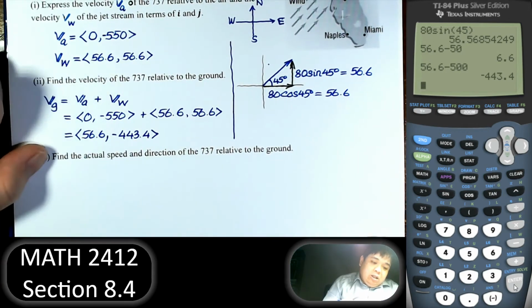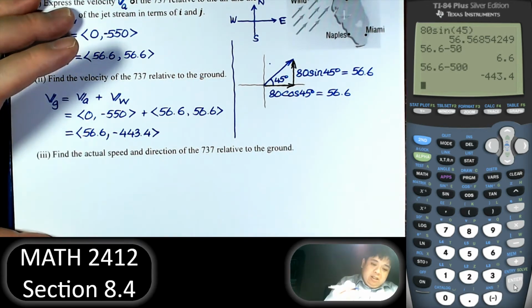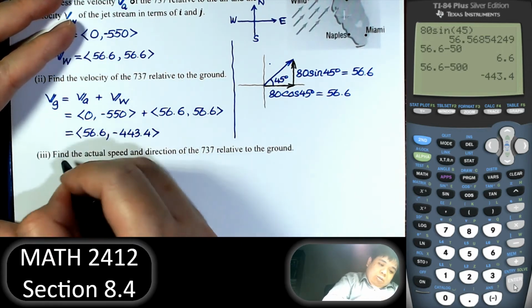For the actual speed and the direction, to get the speed we need the magnitude.